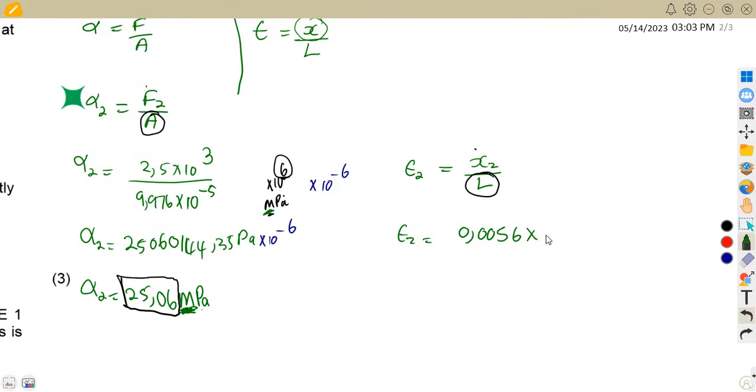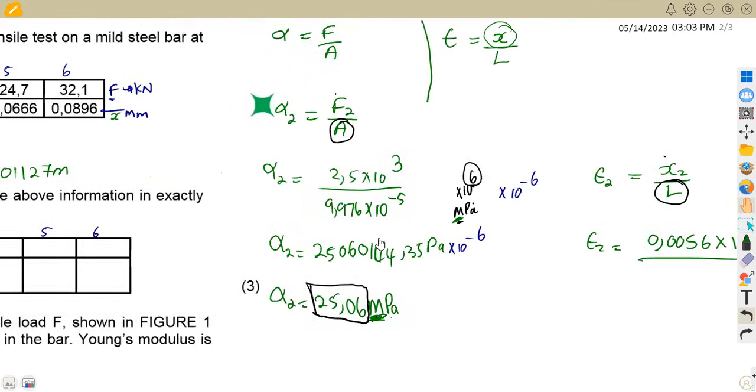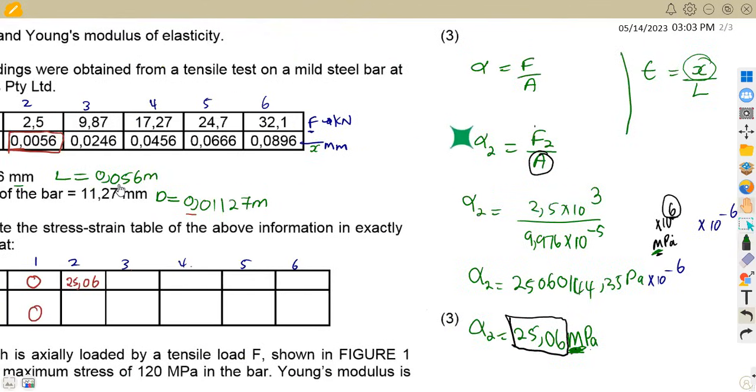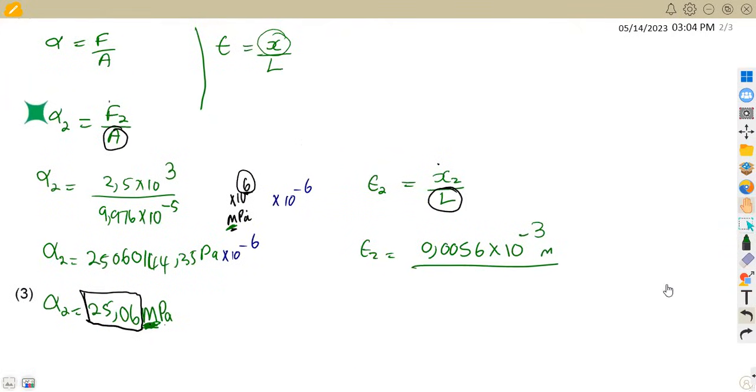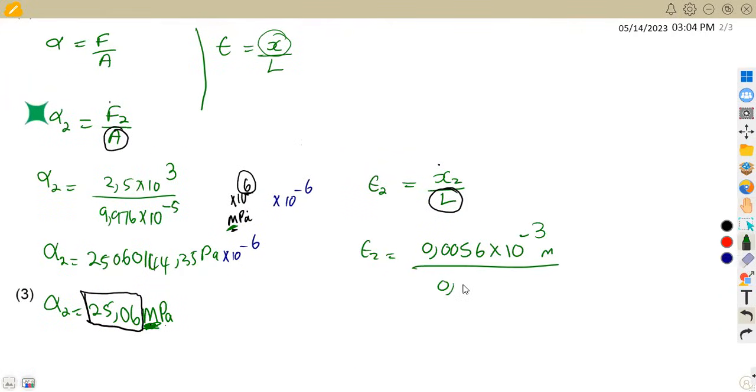If you convert to meters, that's times 10 to the power of -3 in meters, over the original length in meters. Remember, here our original length is 0,056 meters. So we are going to use this in meters over 0,056 in meters. Meter and meter cancel.